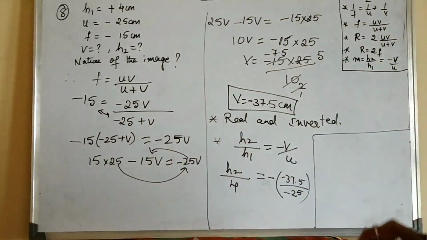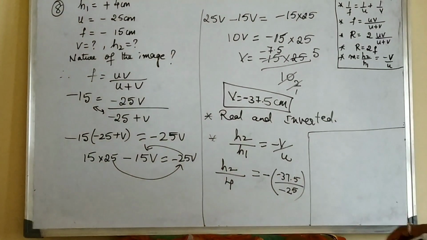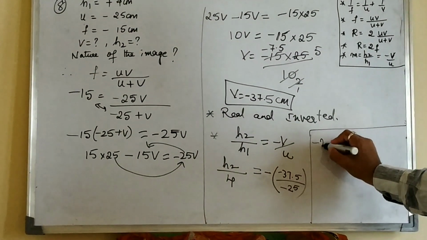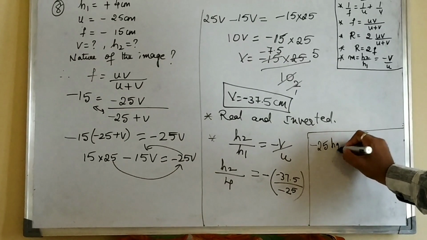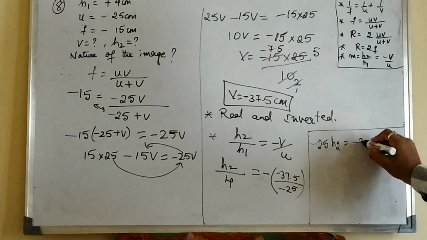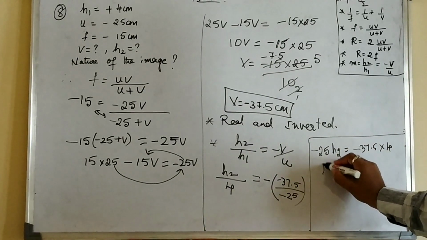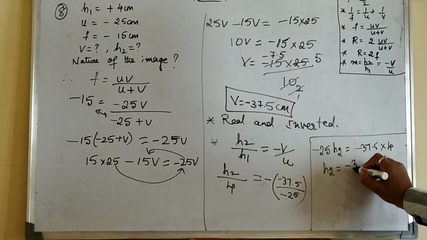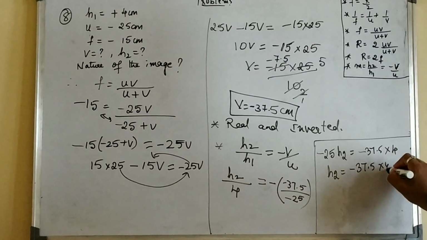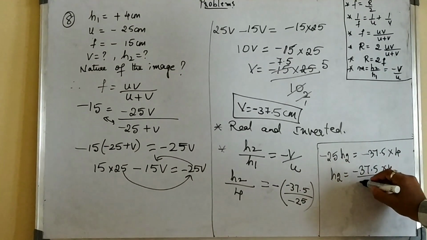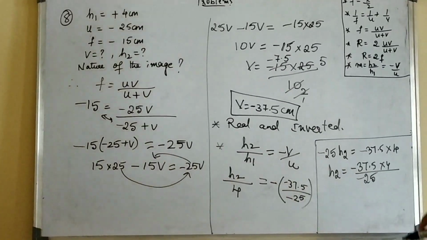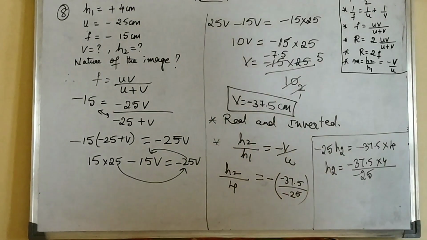Now cross multiplied, so what you will get? Minus 25 h2 is equal to minus 37.5 into 4, or h2 is equal to minus 37.5 into 4 divided by minus 25. So minus minus cancels.